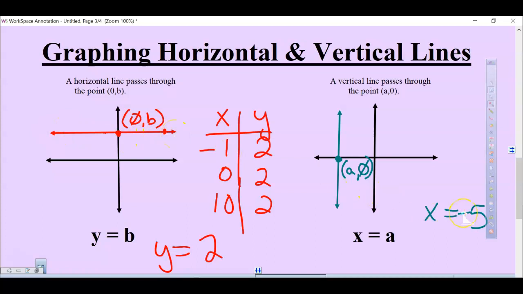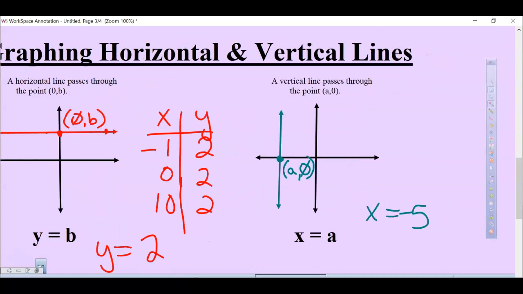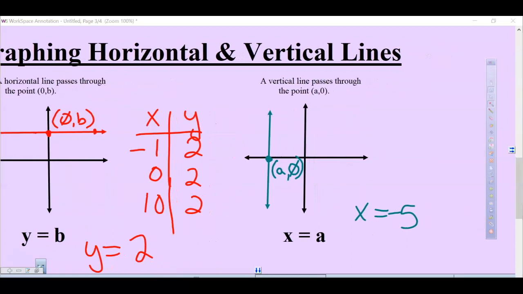Okay? On the other side here, if we have an equation that says, hey, you know what? x is equal to -5. That means no matter what, x is going to be -5. I don't know what x stands for right now in this situation. Maybe it's the drop in temperature, because right now we're experiencing that. All right, but x is always going to be -5.